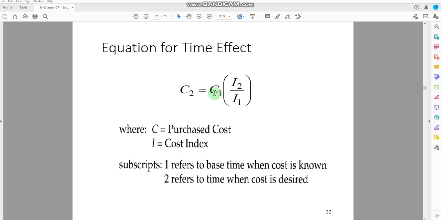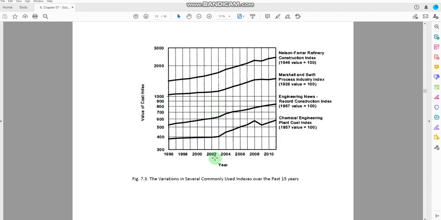Okay, so we are just comparing the cost, but here the capacity we are not including. We will see later how we can include the capacity also in these equations, but for this equation we are using the same capacity of the equipment, to see the cost of that equipment in different years.